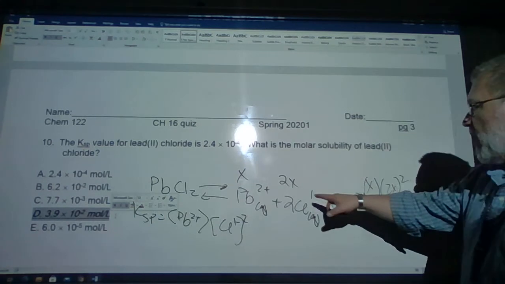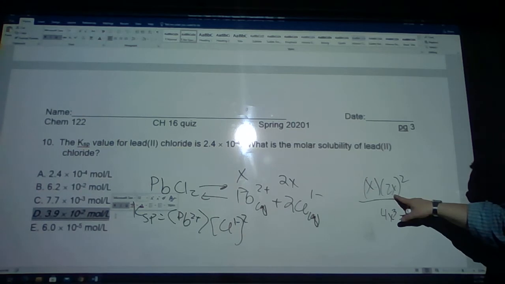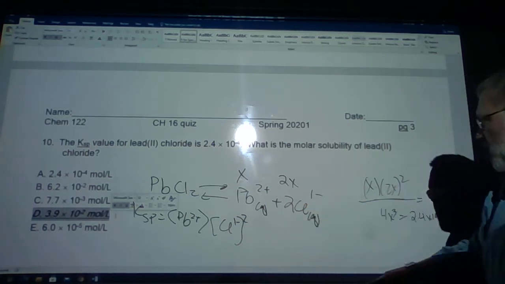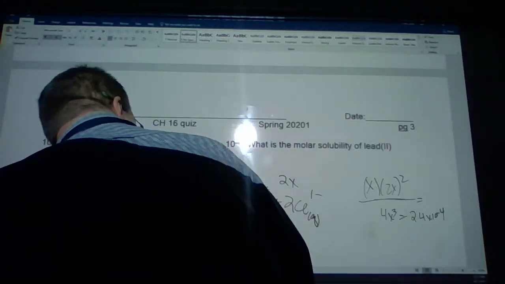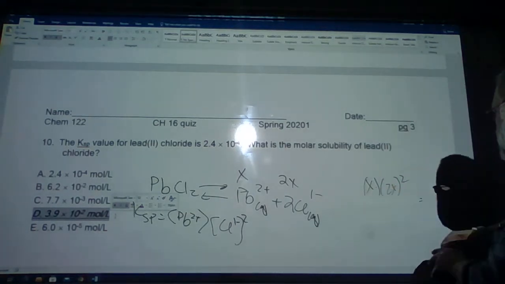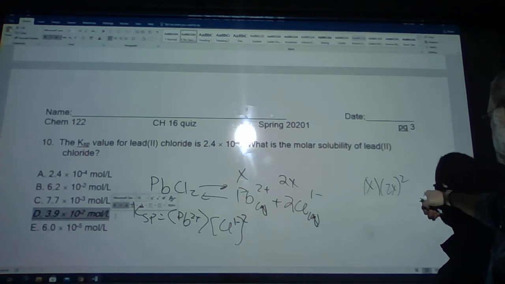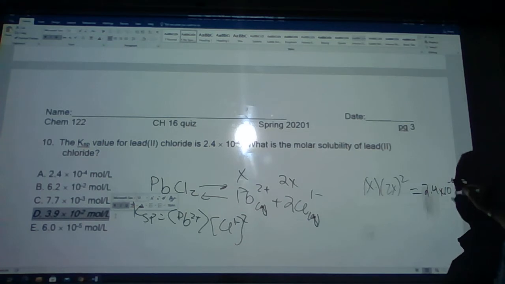So putting in those values, we have X, the concentration of lead, times the concentration of chloride anion, 2X. Since the coefficient in front of this is 2, it's squared, equal to 2.4 times 10 to the minus 4th.